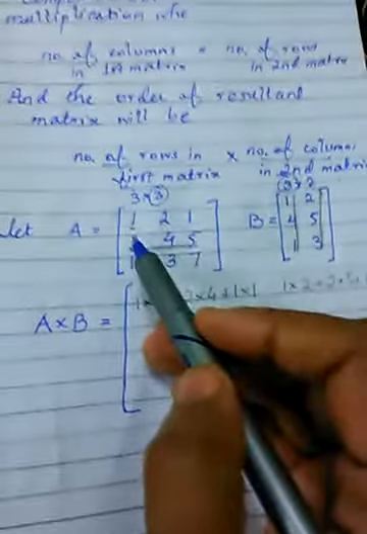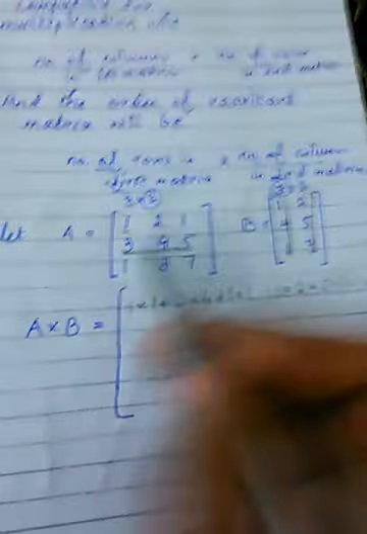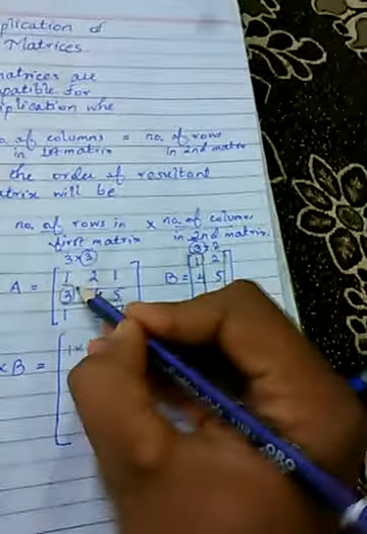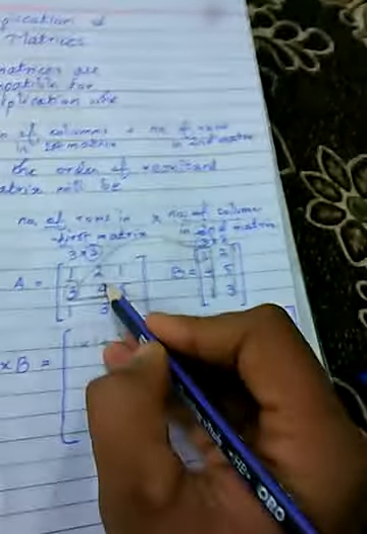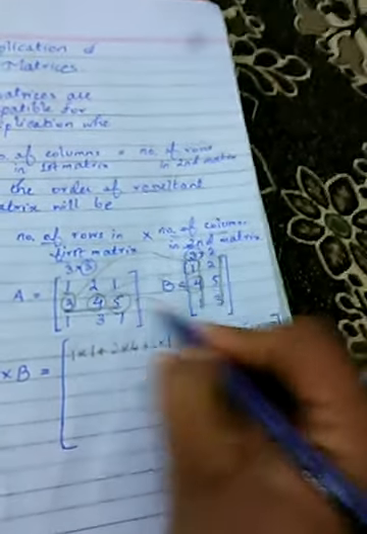Each element will get multiplied by its respective element. 3 is the first element, it would get multiplied with 1. 4 is second, it would get multiplied with 4. 5 with 1.